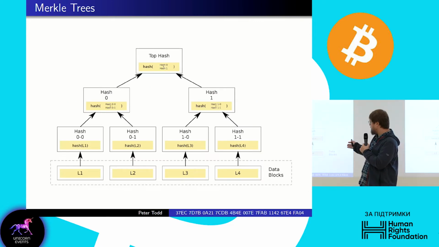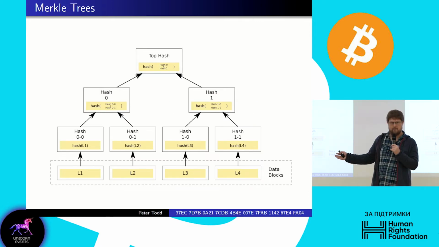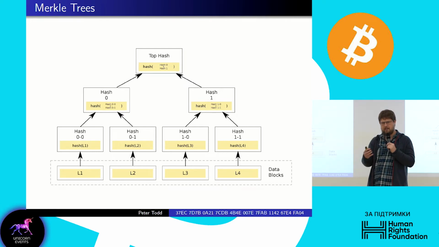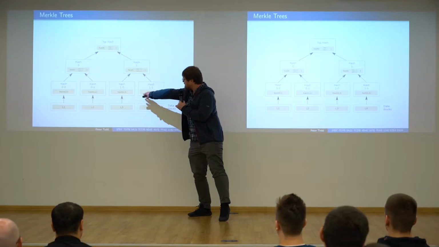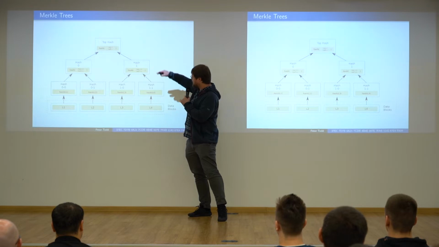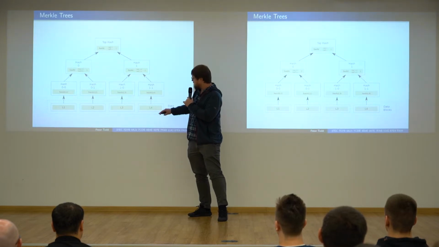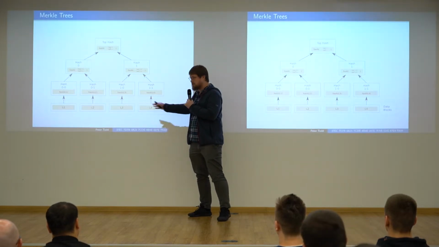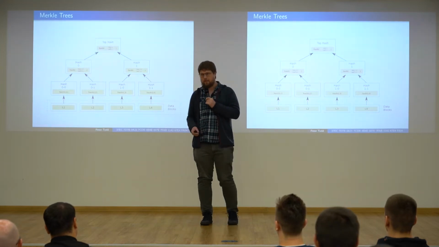And then the final bit of the puzzle is Merkle trees. Now remember when I said a hash function could take any size input? Well, we can scale this by creating a tree of all this data and using each step here, taking two pieces of data and turning it into one of the same size. Well, if you repeat that over and over again, you get one piece of data that mathematically depends on all of the things at the bottom.